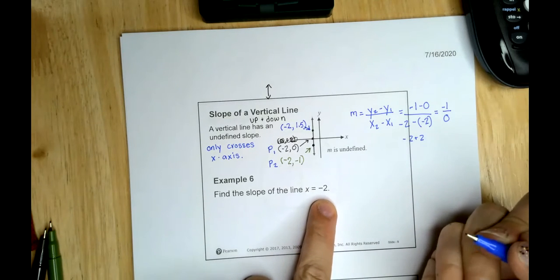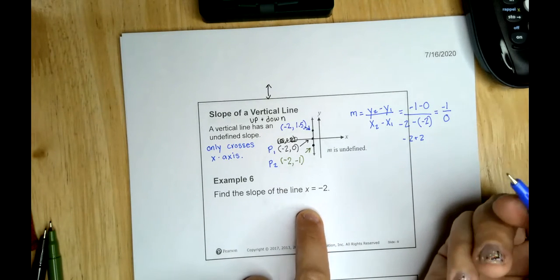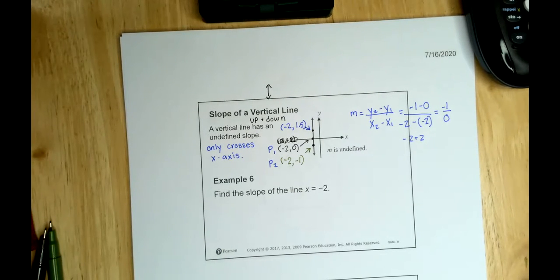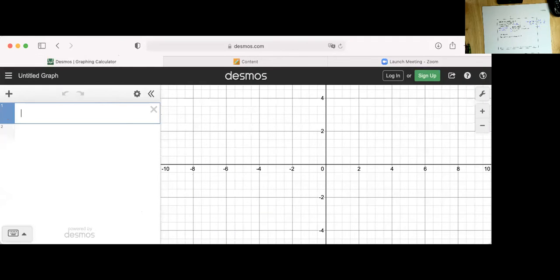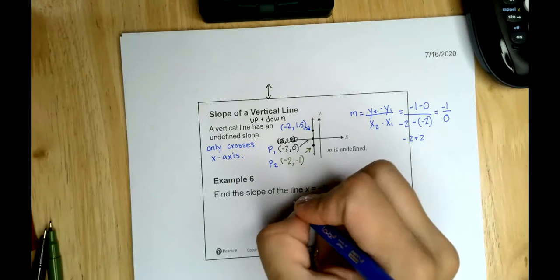It's a vertical line, x equals -2. Hold on, I can Desmos this for you. X equals -2. Yeah, so that slope is undefined.